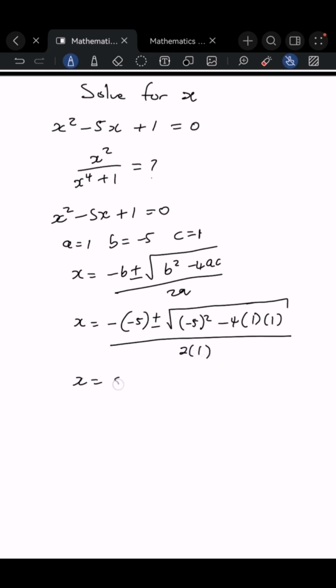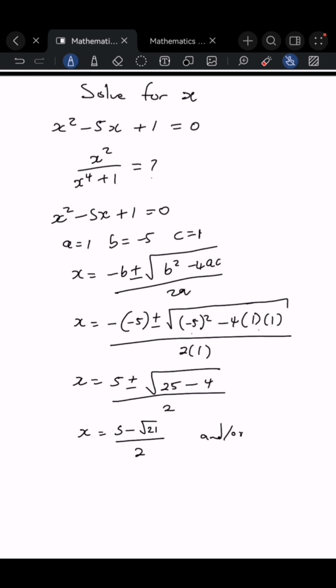Therefore x is equal to 5 plus or minus the square root of 25 minus 4, all divided by 2. x is equal to 5 minus the square root of 21 divided by 2, and or x is equal to 5 plus the square root of 21, all divided by 2.